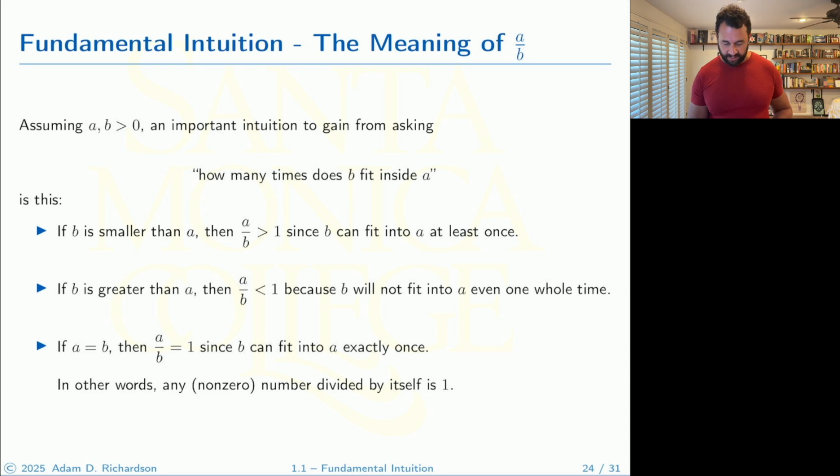So that's why when these two numbers are equal and you divide them, you get 1, because you're fitting one number into itself and you can do that one time. So in other words, any non-zero number divided by itself is 1. Pretty cool, huh? I think that's cool stuff.